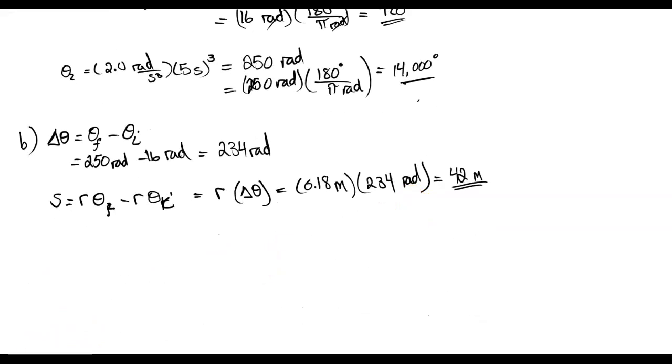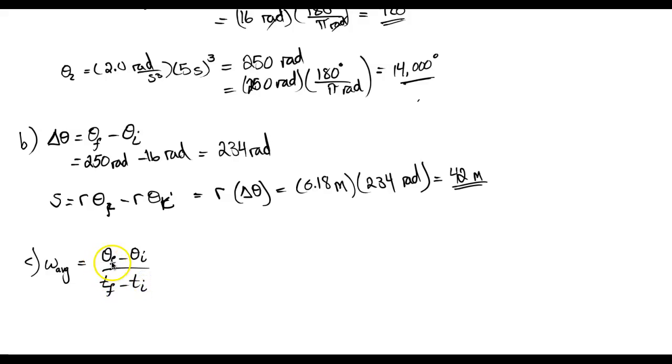Moving on to part C. If we wanted to find the average angular velocity, similar to what we did before, it's theta final minus theta initial over t final minus t initial.